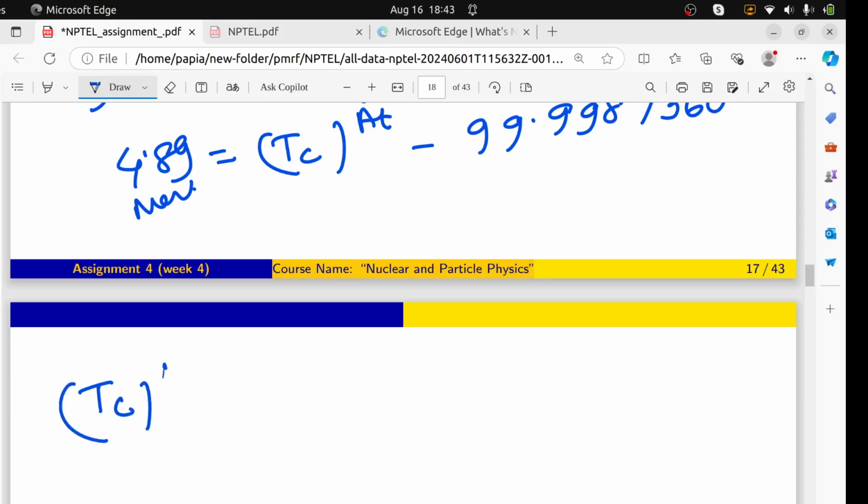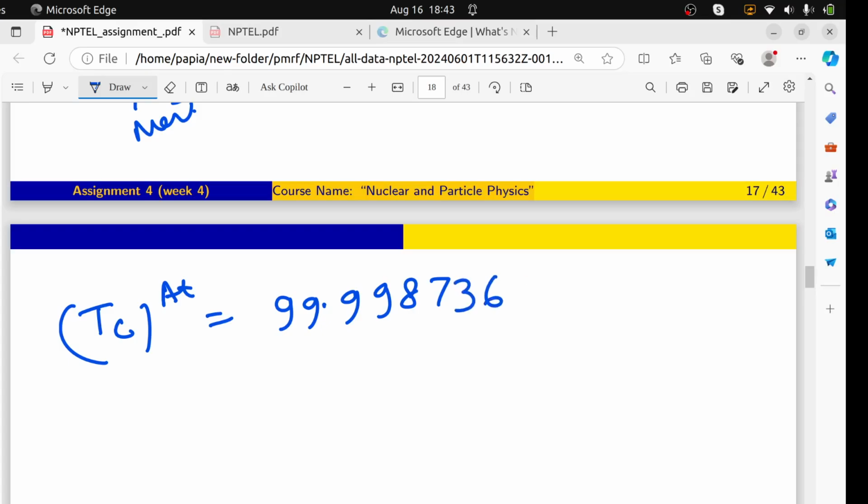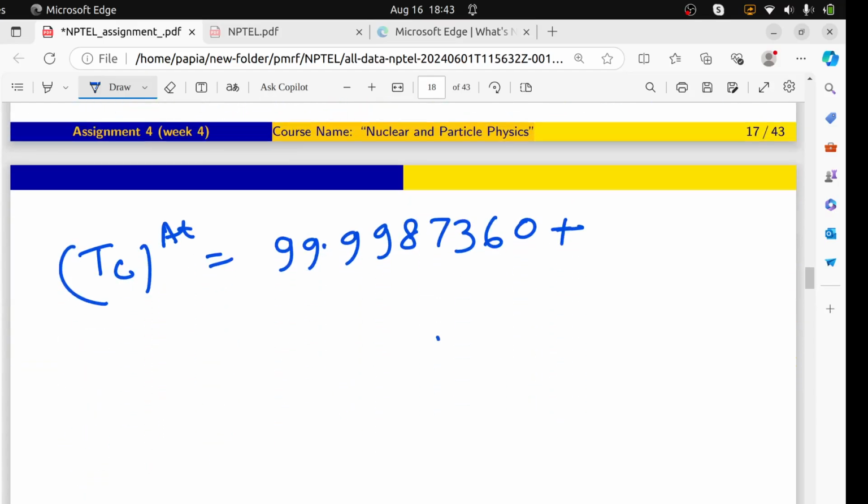So Tc atomic will be 99.9987 plus 4.89 divided by 931.5.